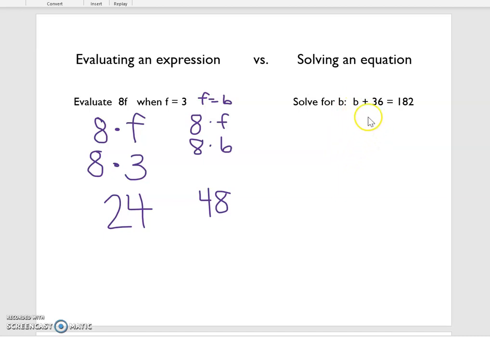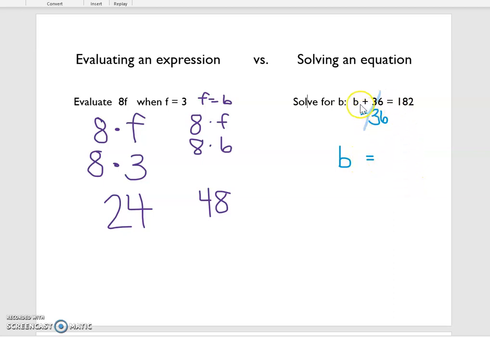Inverse means opposite. So to isolate and get b by itself, I would subtract 36. Adding and subtracting are opposite operations. So by doing that on this side, they cancel each other out nicely, leaving b all by itself.